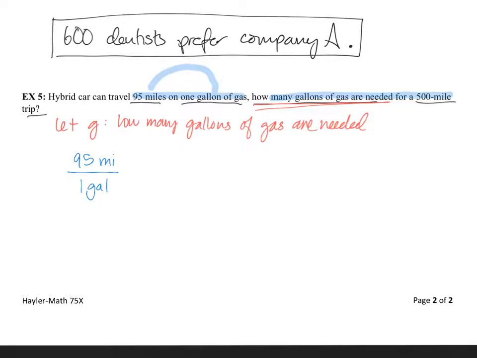Because what we want to know is what the pairing of 500 miles to G gallons is. We know we'll get 95 miles from 1 gallon, but we want to know how many gallons will give us 500 miles.